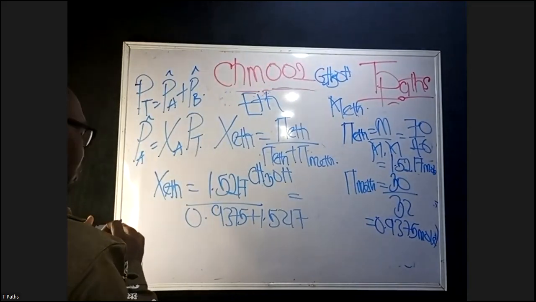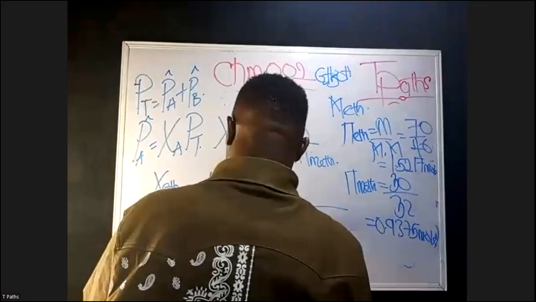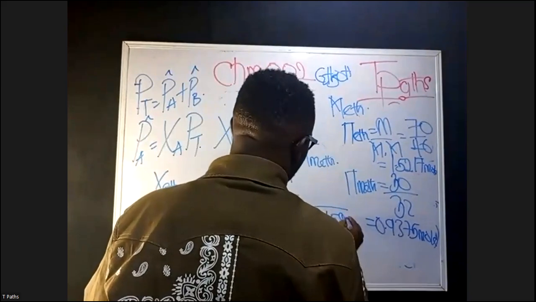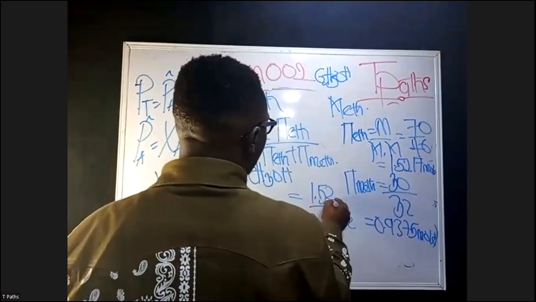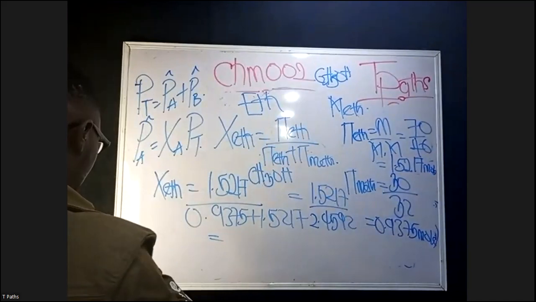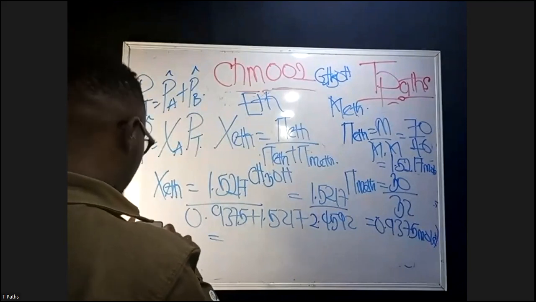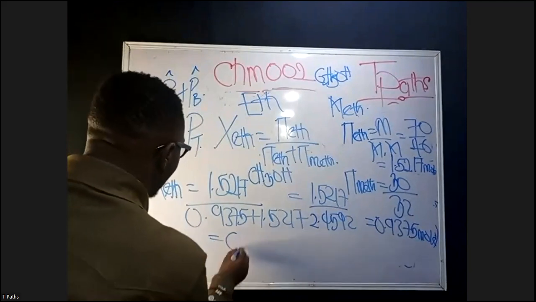We are dividing by 2.4592, so 1.5217 divided by 2.4592.